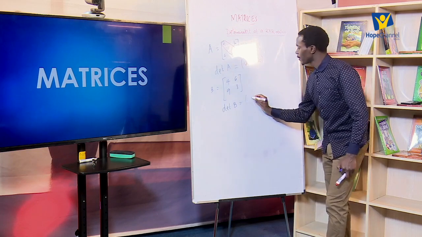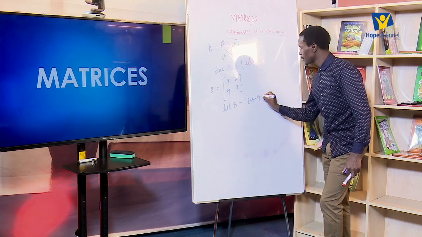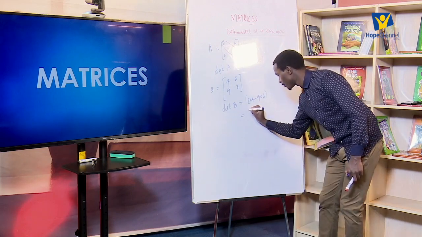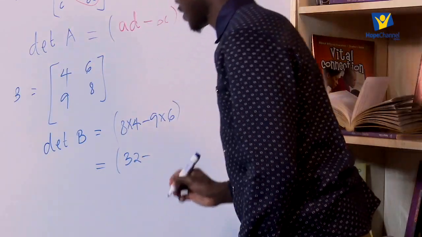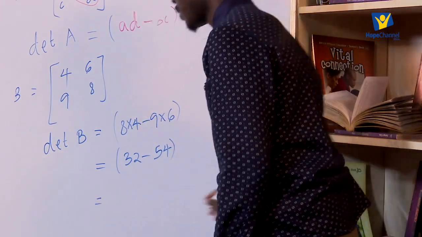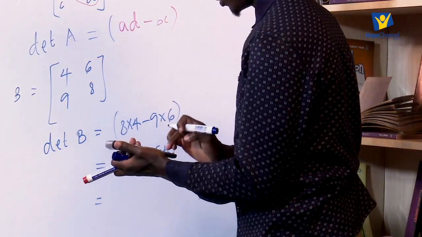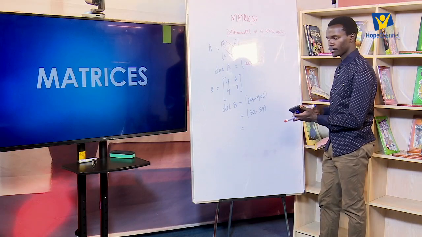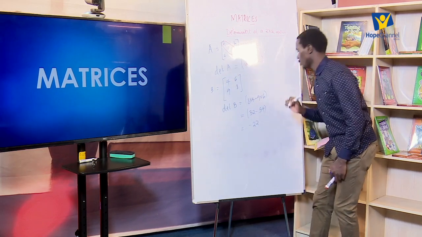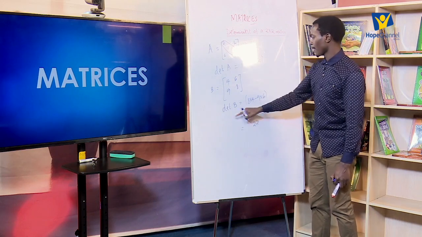So it is 8 times 4 minus 9 times 6. That should be equal to what? 8 times 4 is what? 32. Subtract. 9 times 6 gives us 54. So when you subtract those two, what do you get? It is 32 minus 54, which gives us negative 22 as the determinant of matrix B.